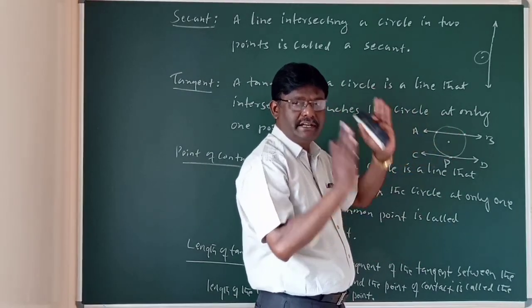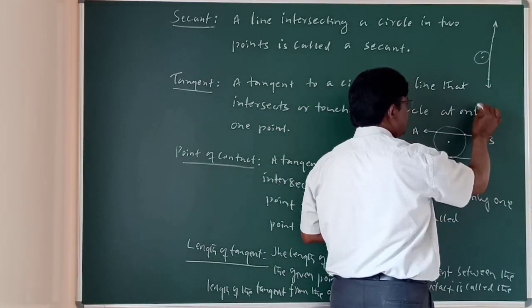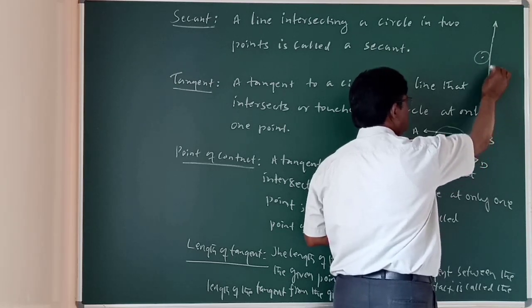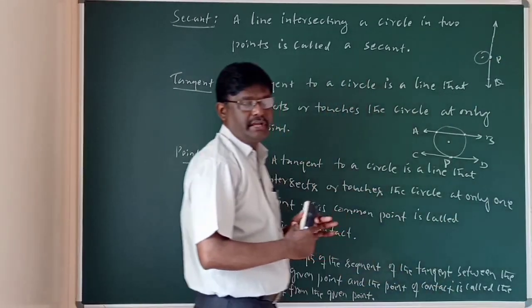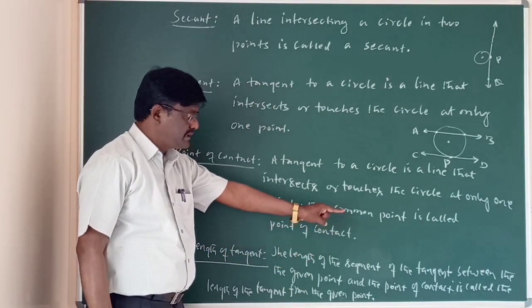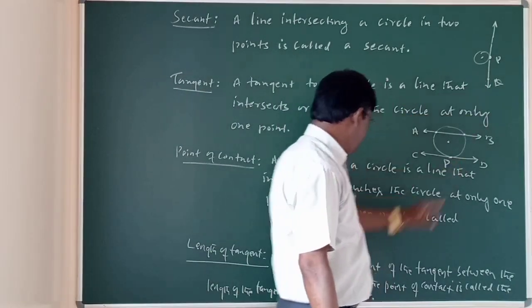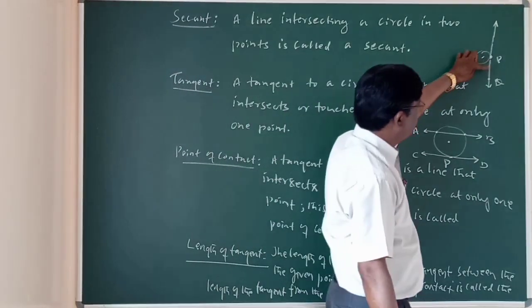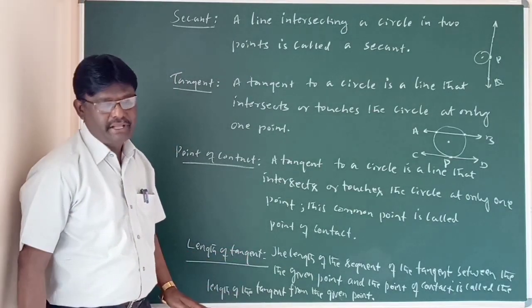Now, what should be the length of the segment of the tangent? If we are given some point, say Q, from this point to the point of contact, we say the length of the tangent. The length of the segment of the tangent between the given point and the point of contact is called length of tangent.